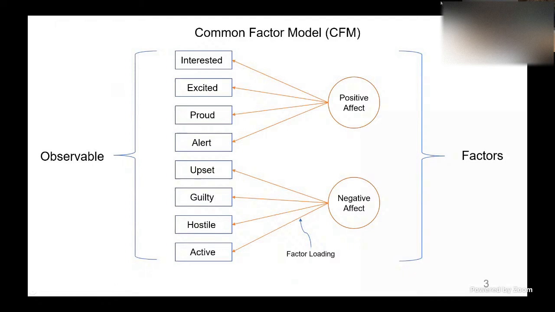So psychological researchers often use common factor models to study and measure latent variables. In common factor model, latent variables are called factors, and all the edges between factors and observed variables are called factor loadings, which explain the linear association between a factor and a variable. The left-hand side shows all the observed variables, which could be subjectively rated by individuals.